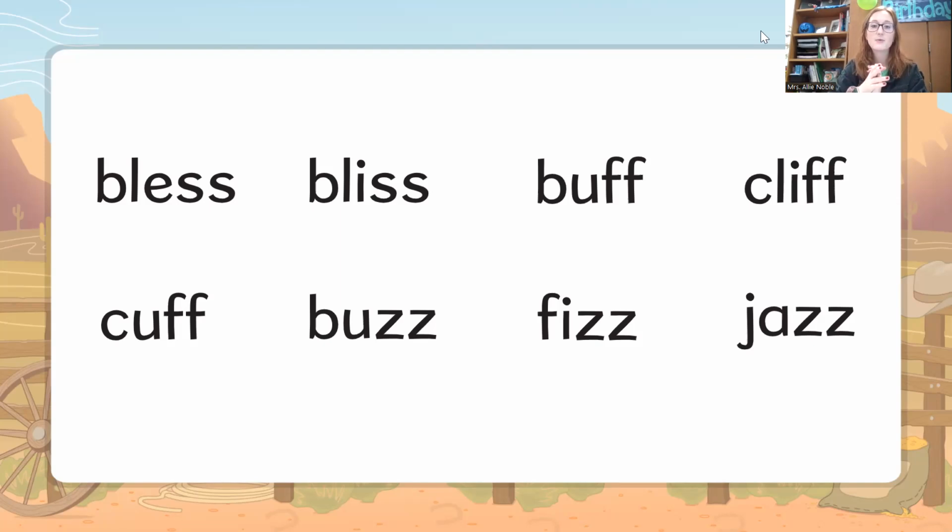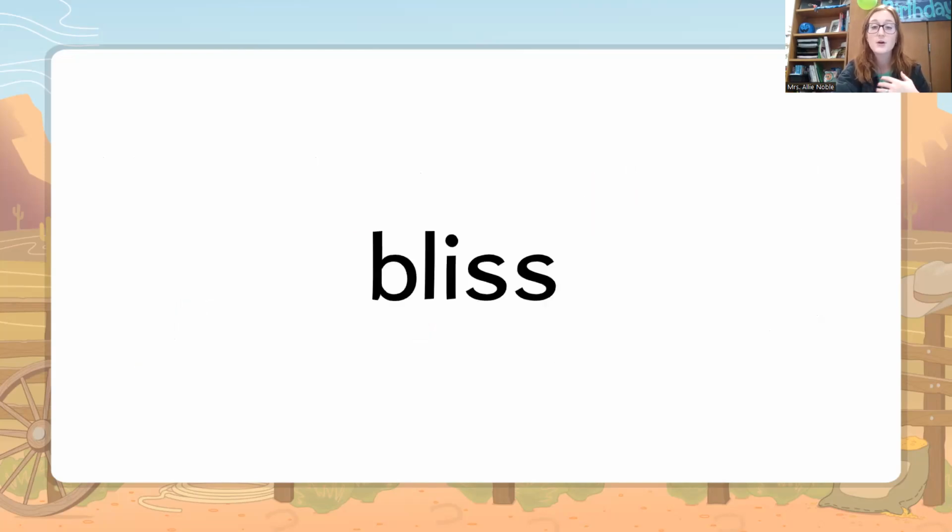Buzz, double the Z. Fizz, double the Z. And jazz is one syllable as well. Double the Z again. Remember, we're still marking our blends and marking our vowel, but we don't need a special marking for the double F, double S, or the double Z. We leave those as they are, okay?